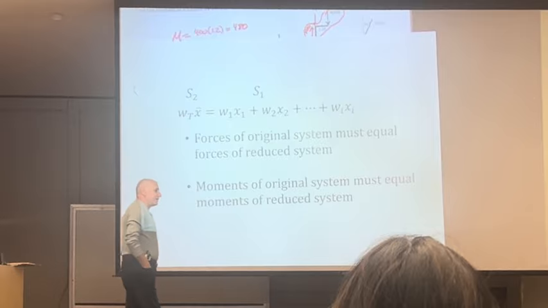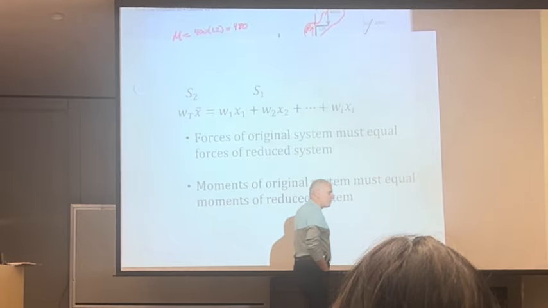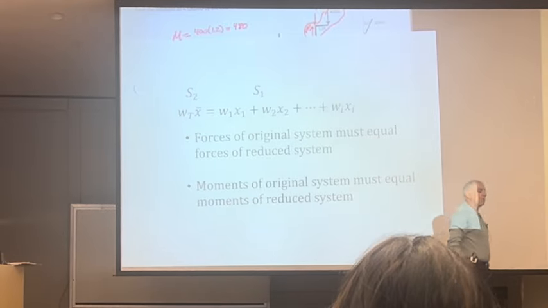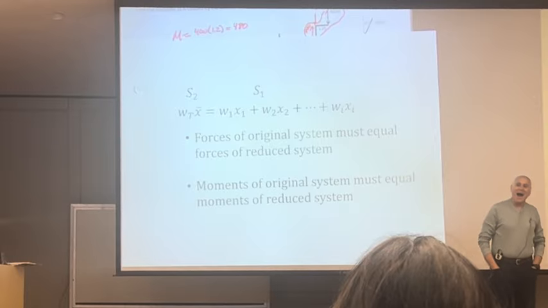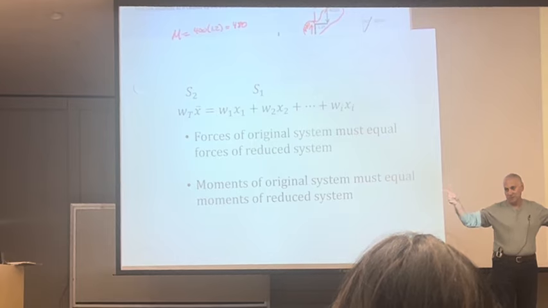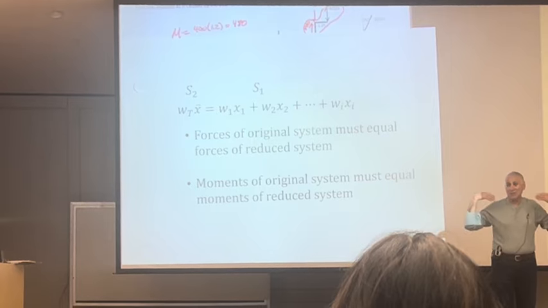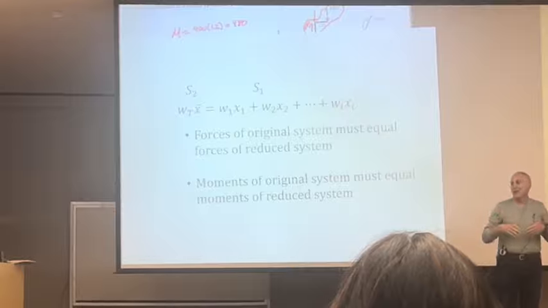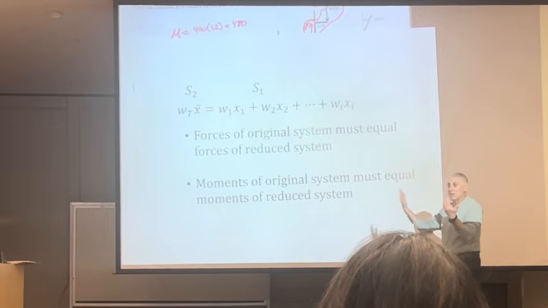So where is the origin of the center of gravity equation? The answer is equivalence. How do I get the equation? I just said the moments of the reduced system equal the moments of the original system. So it's nothing more than equivalence applied. That's it. And the equation comes from moments equal moments.